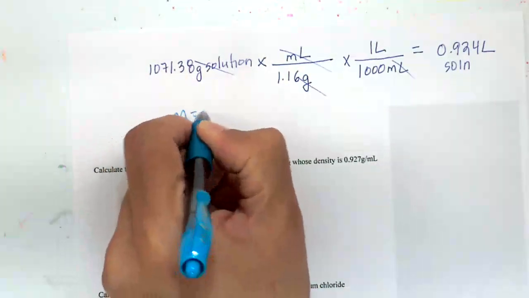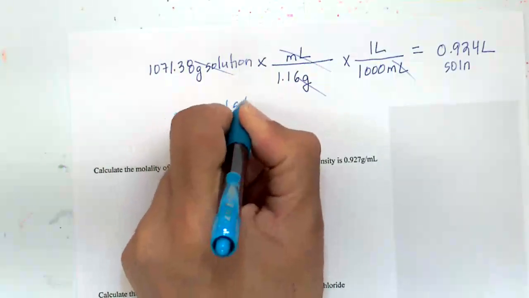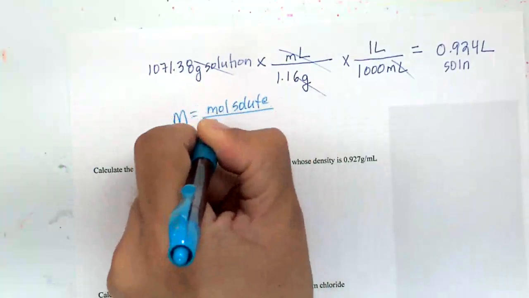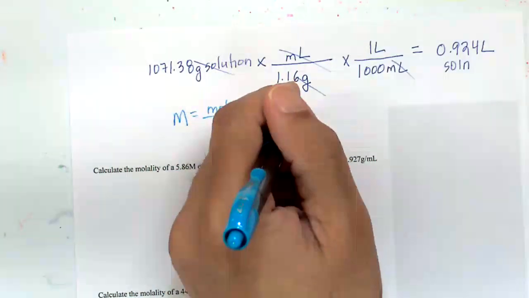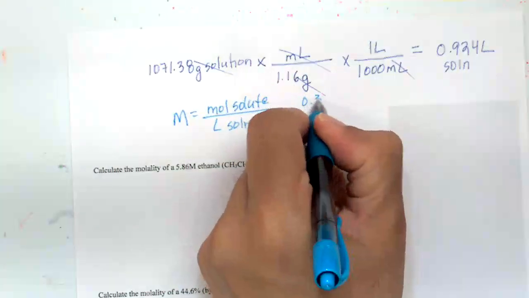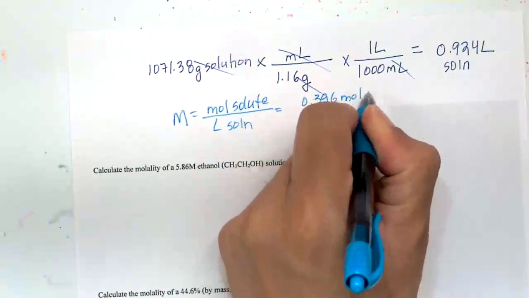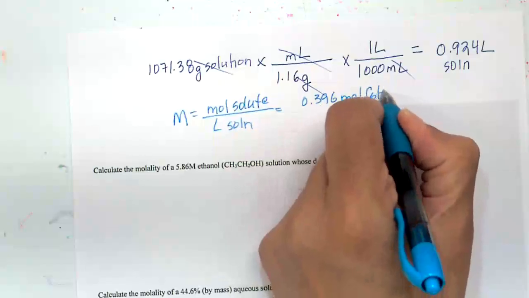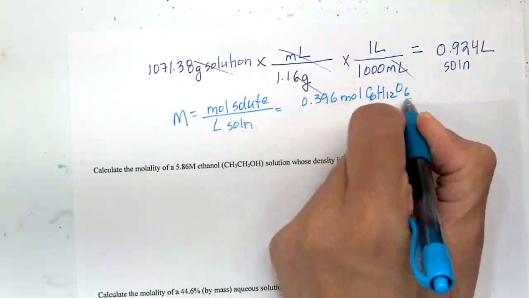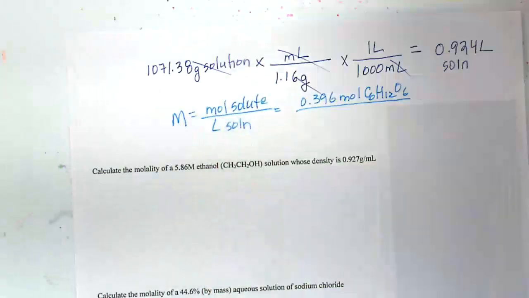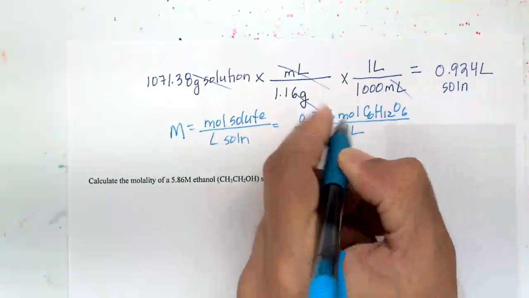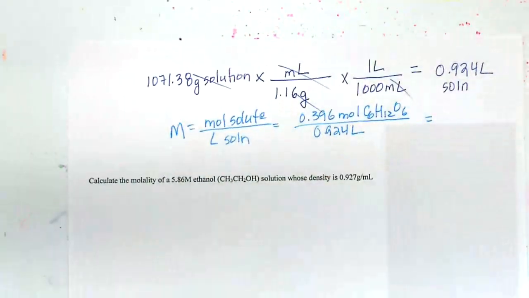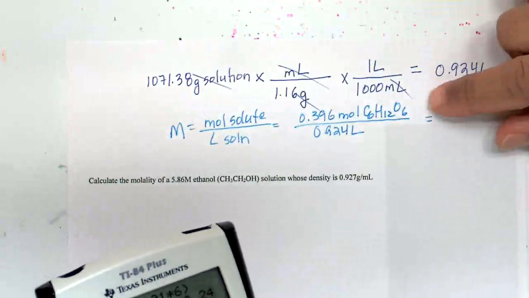So molarity is, once again, moles of solute over liters of solution. And that is 0.396 moles of glucose. I'll give you this formula on the exam. Liters of solution is what we just calculated as 0.924. This is moles of solute over liter of solution.